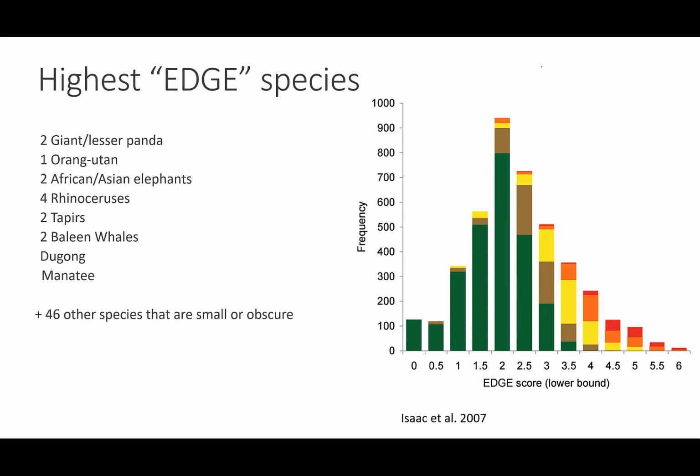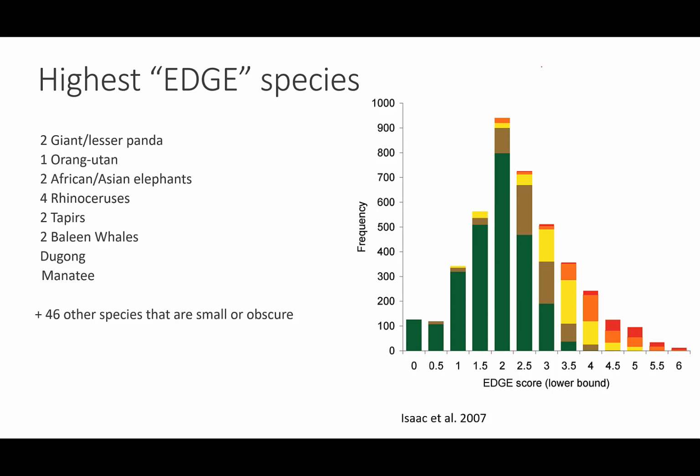These are things like small mice or shrews or things that most people don't really pay attention to because they're not charismatic animals. And so the lesson here is that we should really be considering the risk factors, the extinction risk of species when we're making these decisions.